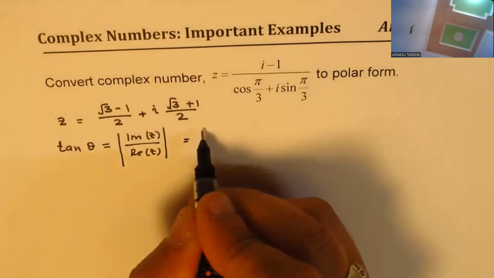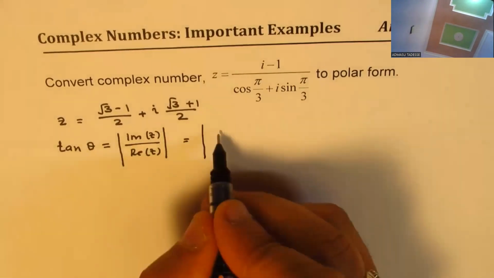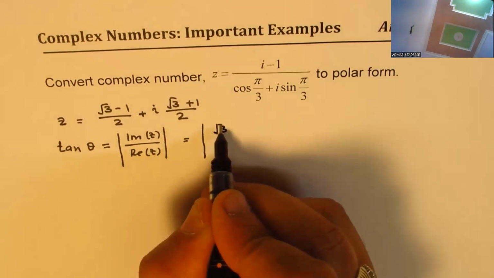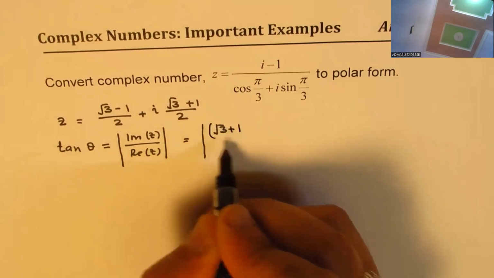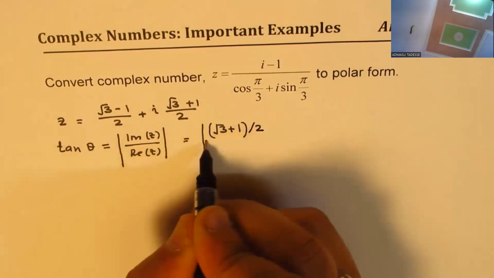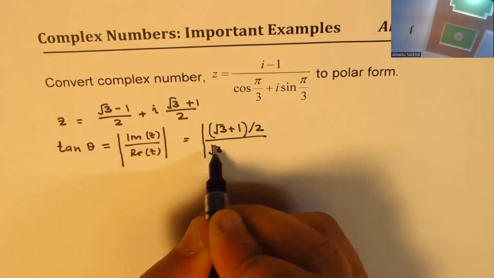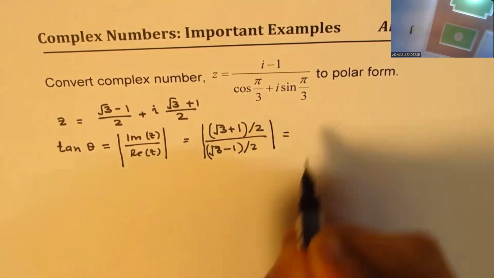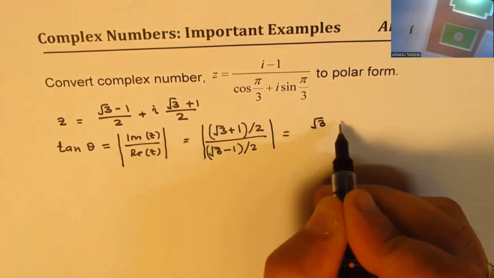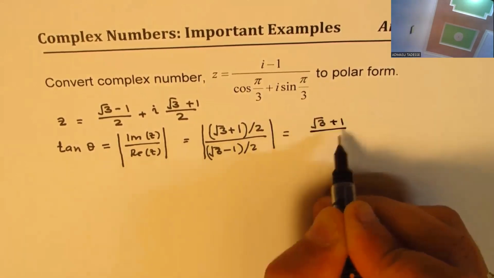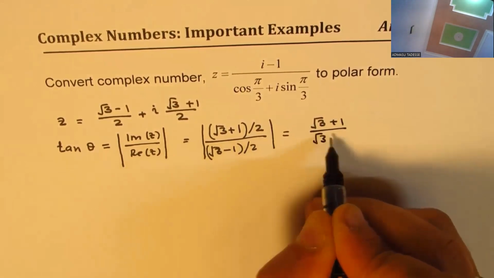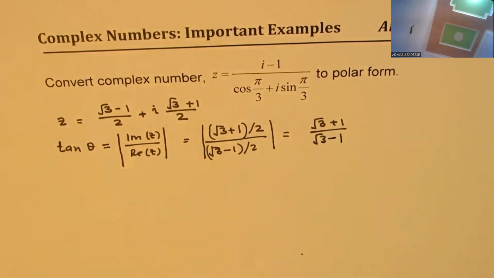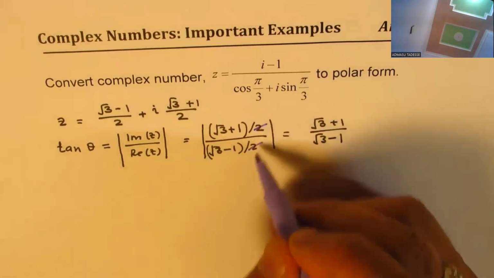So the imaginary part is (square root 3 plus 1) over 2 divided by (square root 3 minus 1) over 2, which is (square root 3 plus 1) over (square root 3 minus 1). This is positive, so we can drop the absolute values.